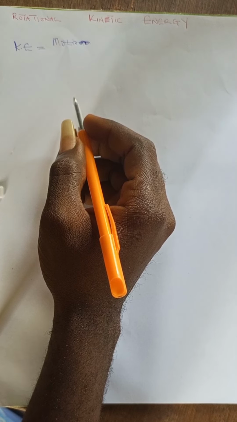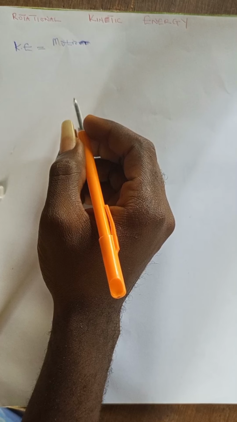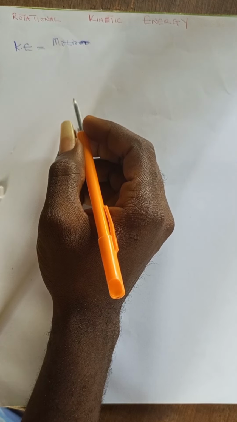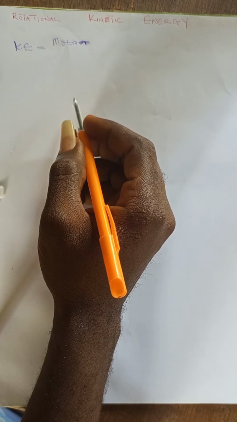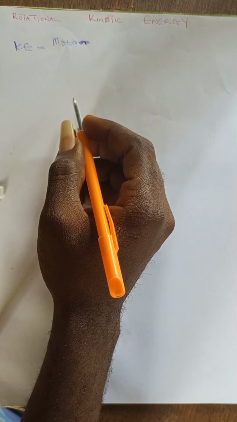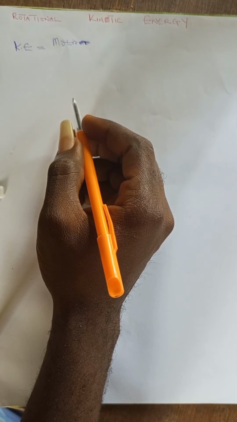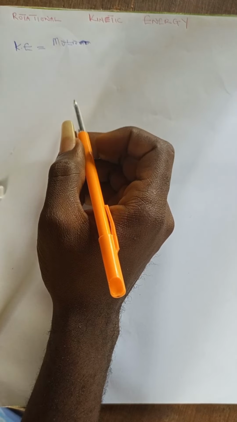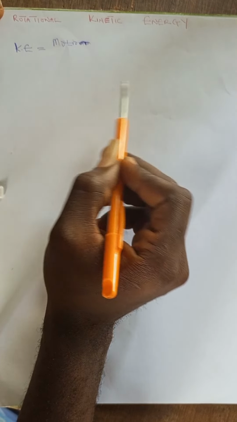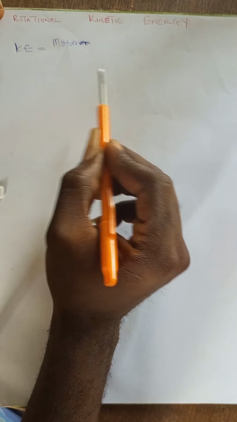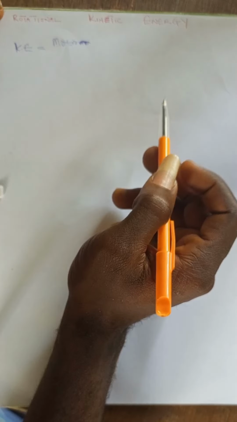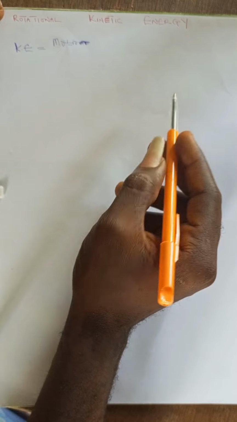Now before we enter rotational energy, first of all, make we look at only kinetic energy as a whole. Now we do kinetic energy when we dey look at object wey physics dey call object in translational motion. In other words, object wey dey move in a straight line from here to here na directly wetin we dey consider when we look at kinetic energy.